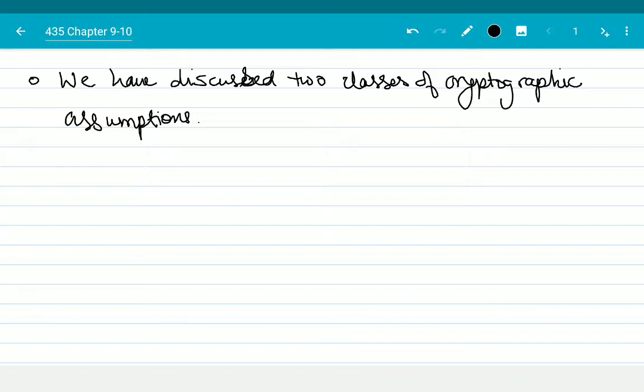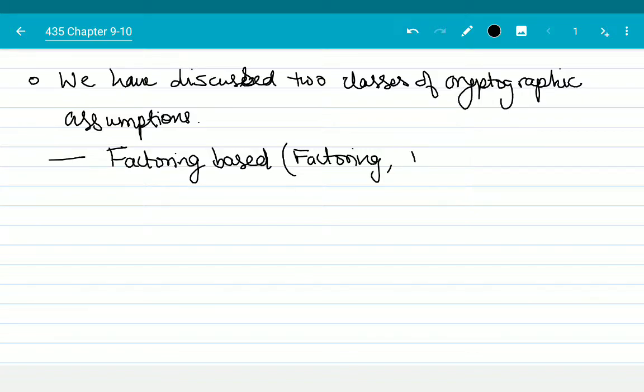So there are two types of problems that we looked at. First was factoring based, which was the factoring problem, the RSA algorithm, RSA assumptions, and that stuff.